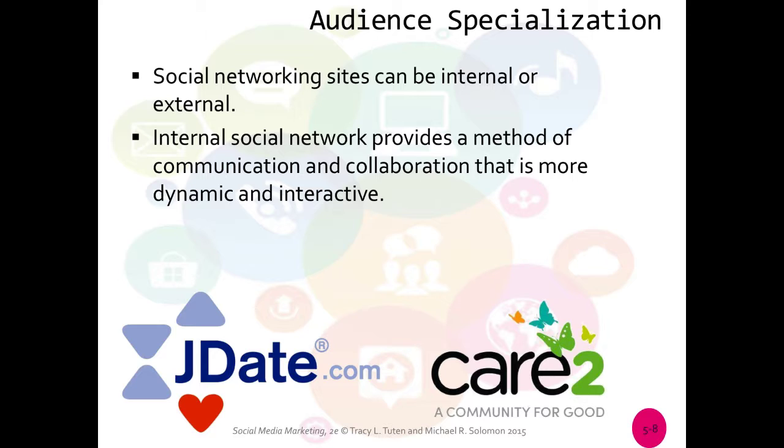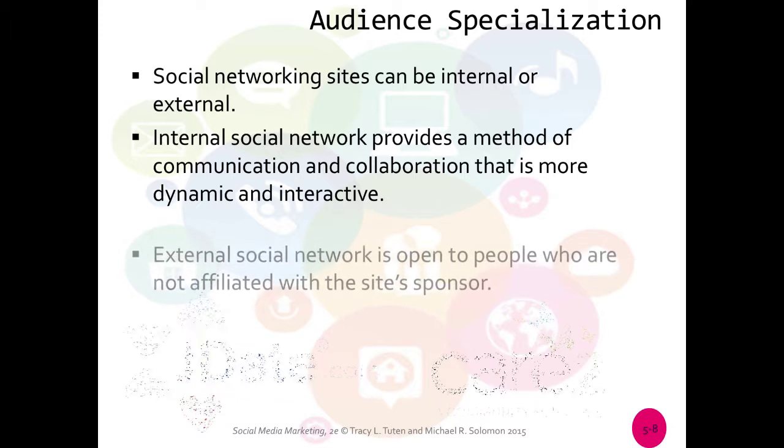It's more dynamic, more interactive in its collaboration and communication. Some examples of that would be Nissan's N-Square employee network, or JDate.com, which is a dating social network for Jewish singles, or Care2, which is a social network for people who want to help with social causes. So those are some examples of internal social networks.